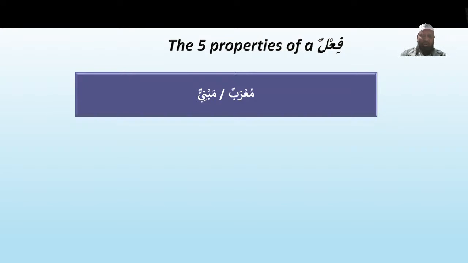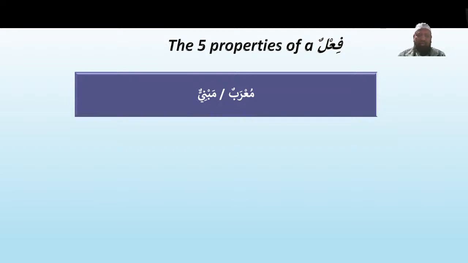So mu'rab and mabni is the type of word in terms of going into slots, I mean in marfu slot, or mansub slot, or majroor slot, or majzoom slot. Okay?